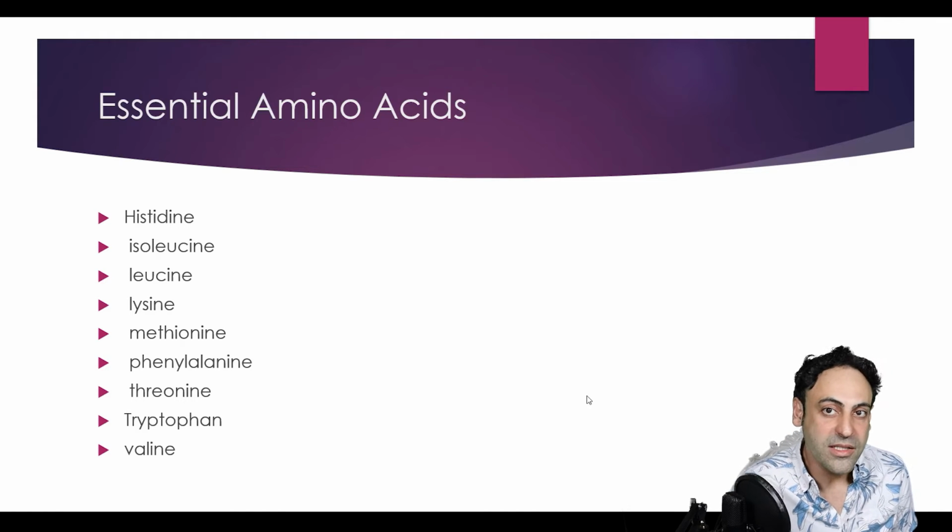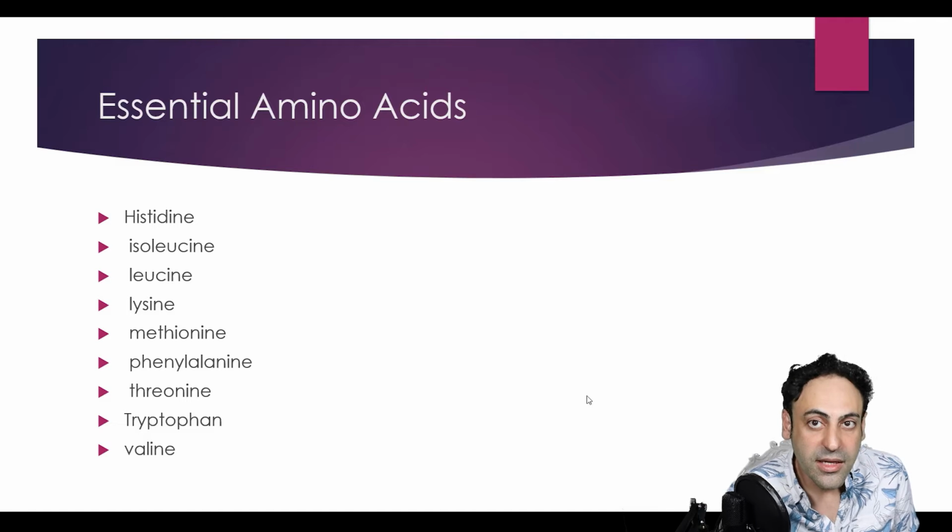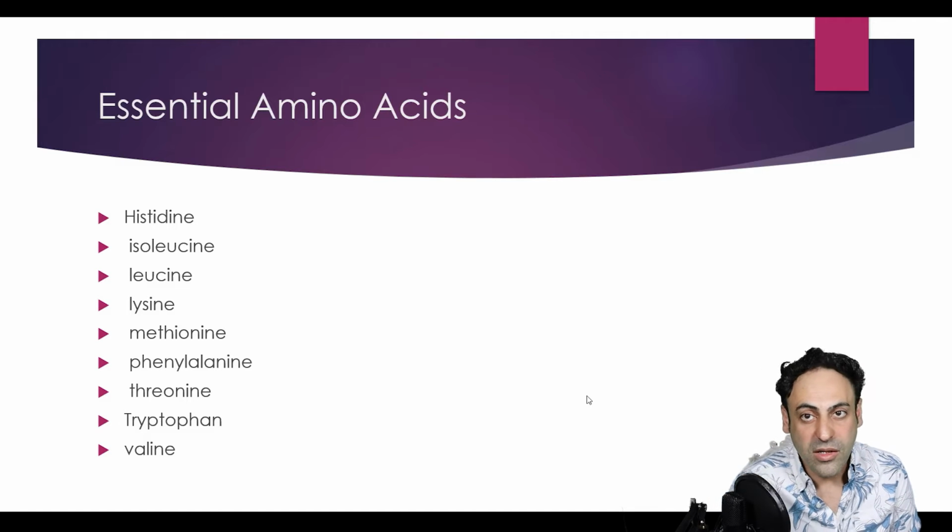Too much of them is going to cause a problem for our body, and lack or loss of them is going to cause other problems. We're going to talk about some of these amino acids when we get to their clinical correlations.